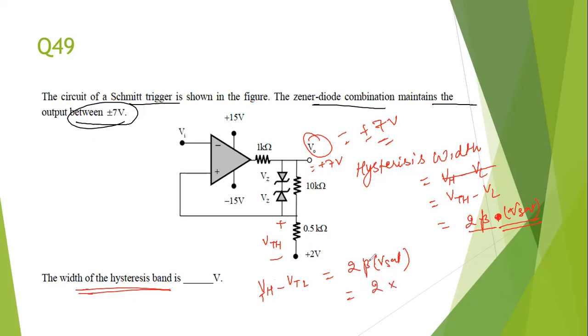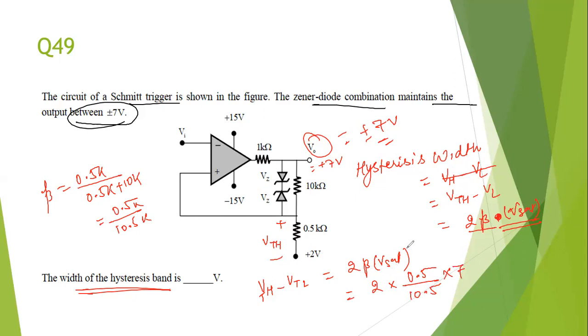So 2 times beta. Beta is 0.5K upon 0.5K plus 10K, which is 0.5 upon 10.5K, and this is 0.5 upon 10.5 into V saturation. This is 7.